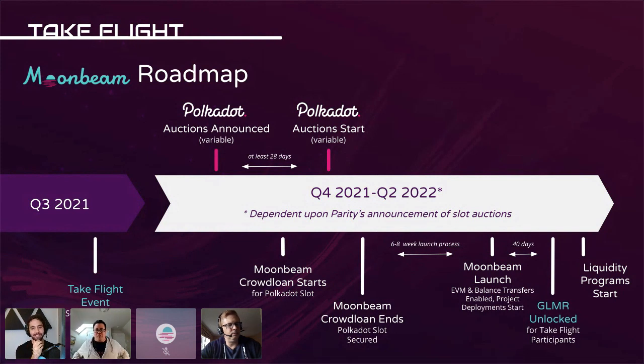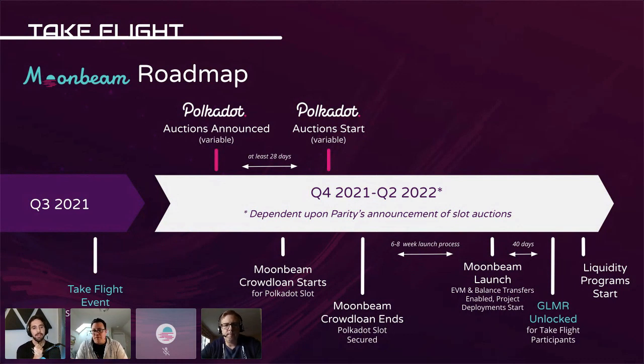So our informed assumption is that the process will look quite similar to what was done on Kusama, because I think from Parity's perspective, they went through this whole process once on Kusama, and they're going to look to replicate it again on Polkadot. So we anticipate a similar thing where a batch of parachain slots, maybe 5 as on Kusama, will be put up first.